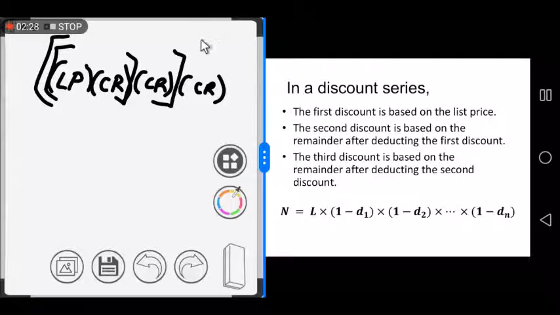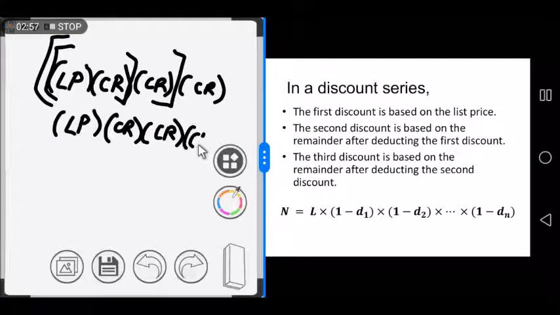Okay? So, kung mapapansin nyo, if we apply the properties of real numbers, kahit pa magkagulo-gulo yung posisyon ng mga yan o alin man ang unahin mong i-multiply, you will still arrive on the same answer. Okay? So, pwedeng tanggalin na natin yung mga grouping symbols na yon and just multiply the list price by the complement of the other rates na given sa problem.